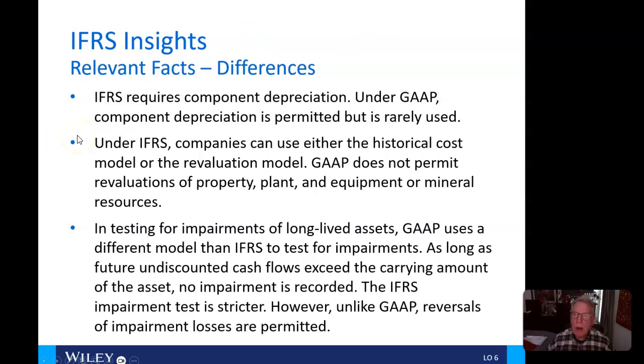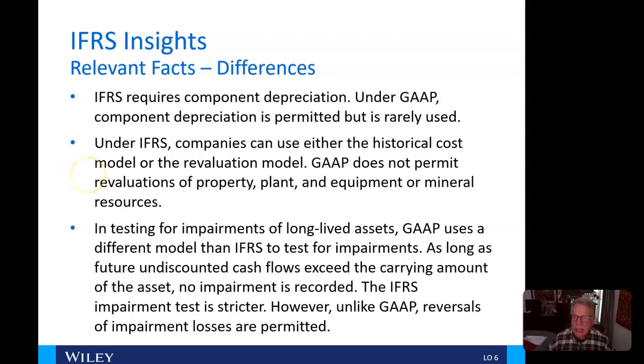Differences. IFRS requires component depreciation. Under GAAP, component depreciation is permitted but is rarely used. Under IFRS, companies can use either the historical cost model or the revaluation model. GAAP does not permit revaluations of property, plant, and equipment or mineral resources.